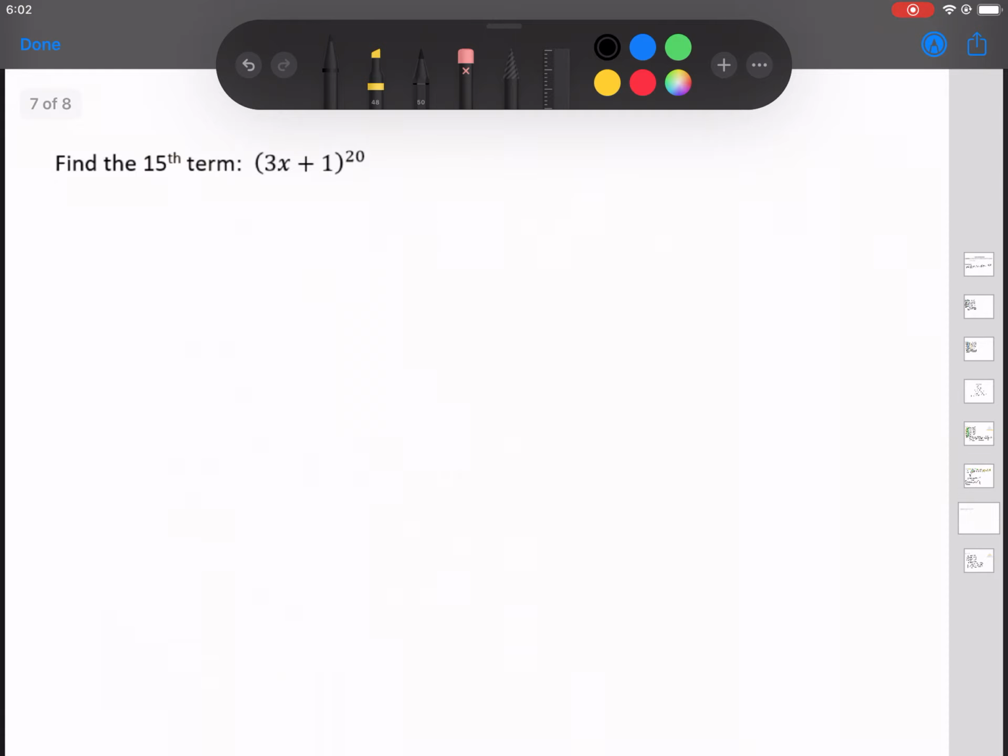Let's see another one really quick. So this one we're going to get our 15th term. T15, and we'll do 20 choose 14 because I go one less.